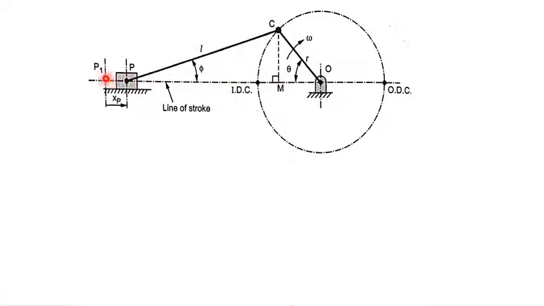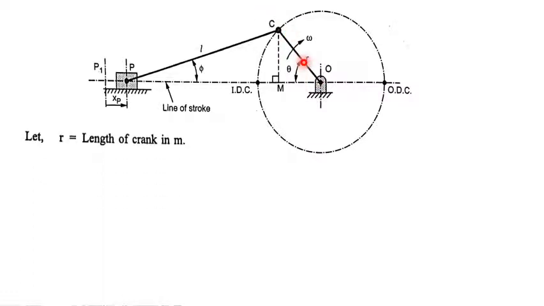P1 represents the extreme position of the slider, and xp represents the change in displacement of the slider. L represents the length of the connecting rod, and here O is the fixed point, and R is the radius of the crank or length of the crank.